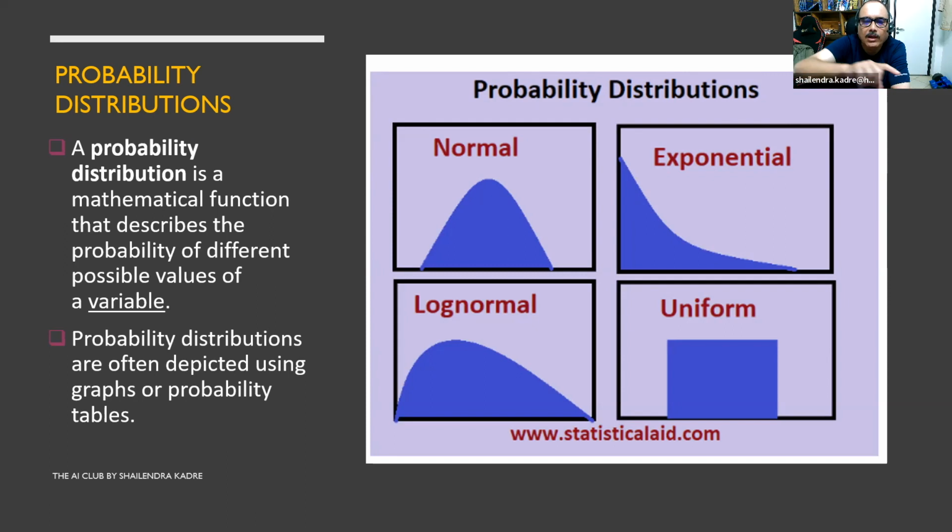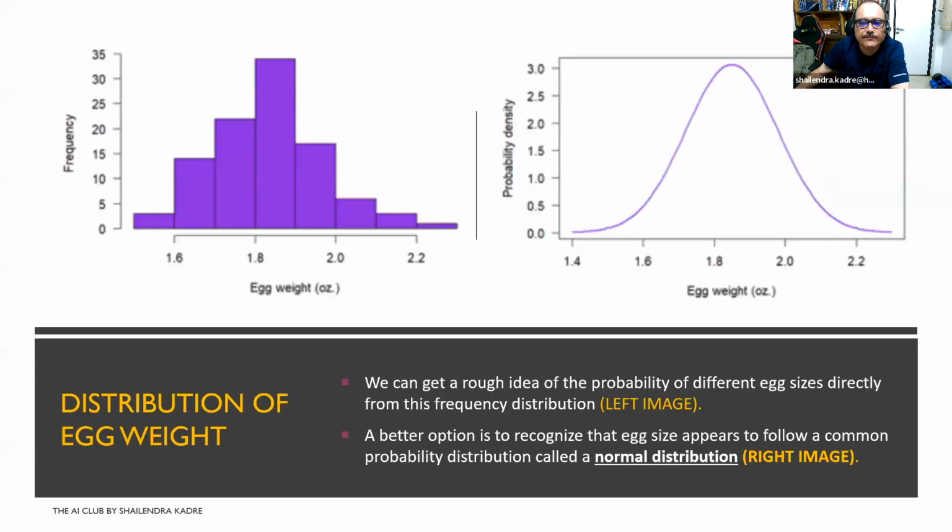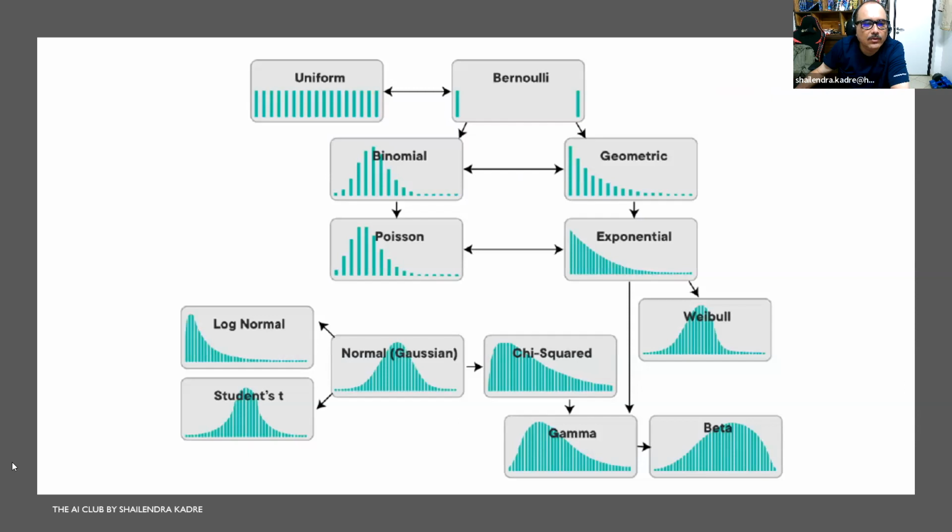As I said, normal is a perfect bell curve. Then you have exponential, log normal, uniform. There are many kinds of probability distributions. These are only names I am giving you here, so just have a look at how many types of probability distributions there are, and try to see their shape.